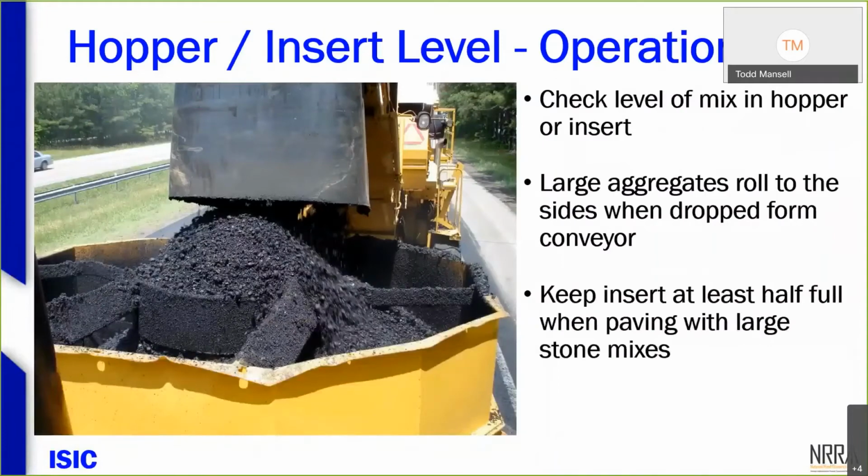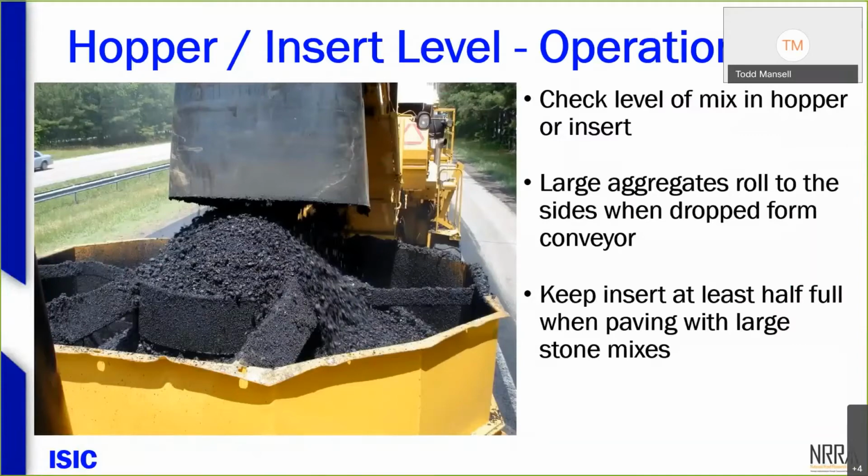And it's going to track operation things such as best practices, right? Again, large aggregates, when we get the material segregation, roll to the outside edges, doesn't matter what we're handling it in, whether it's in a hopper insert or in a truck or in a silo. Mix always wants to segregate, and the big rock rolls to the outside edges.